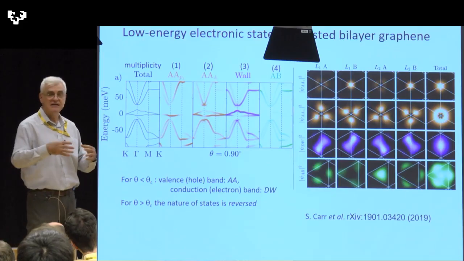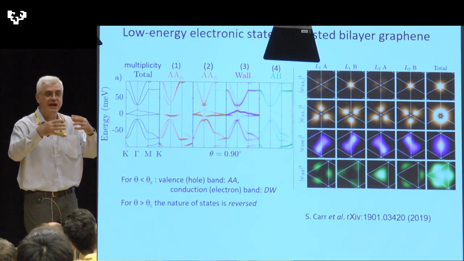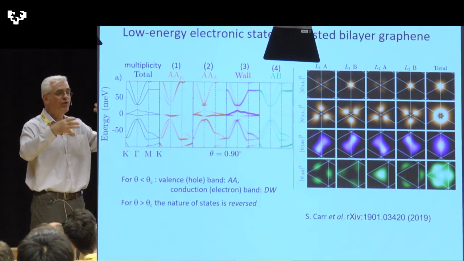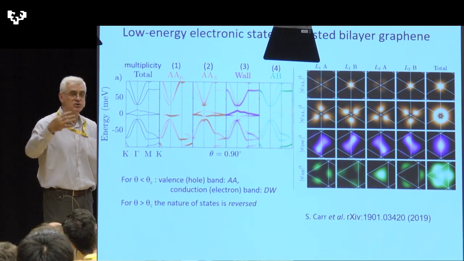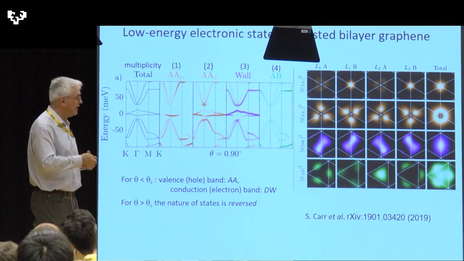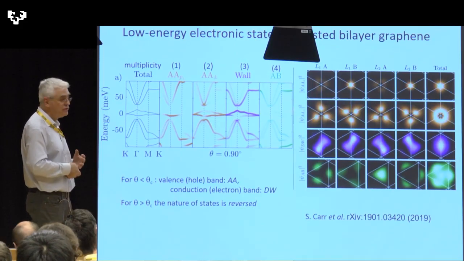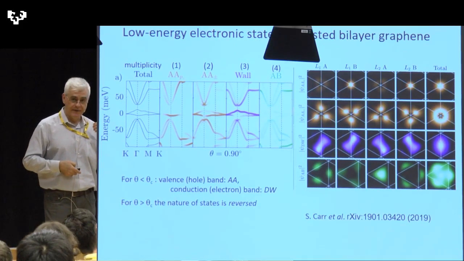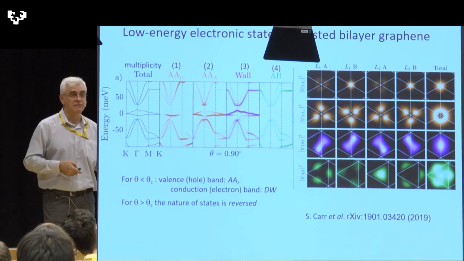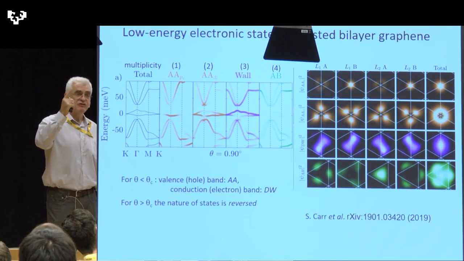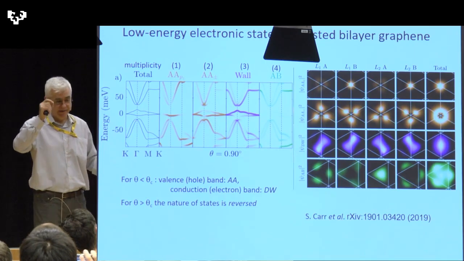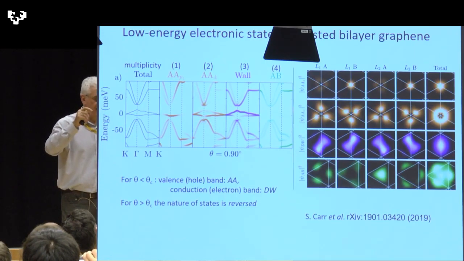So bottom line is that you need this manifold of states around the Fermi level, all of which are coupled and rehybridize as you change the magic angle. And the minimum number of states that you need to describe this accurately is 10. And that's from a single K valley, from one of the two hexagons of the two layers.